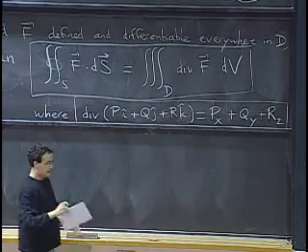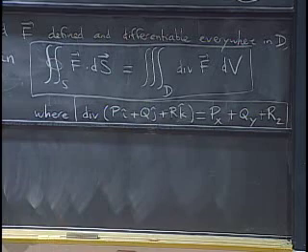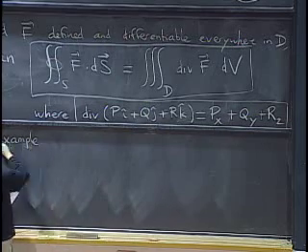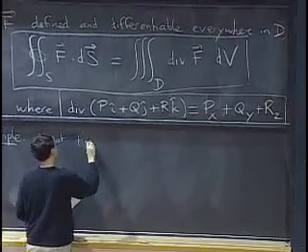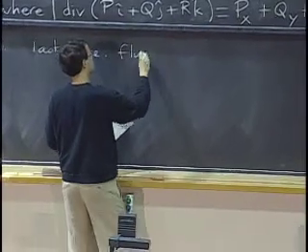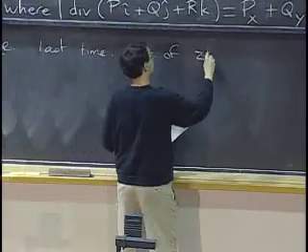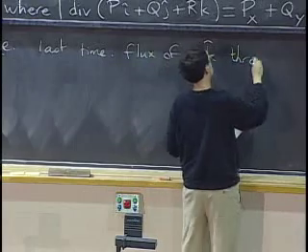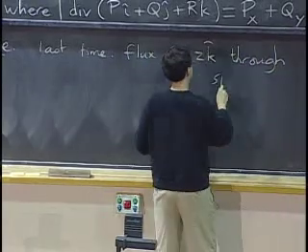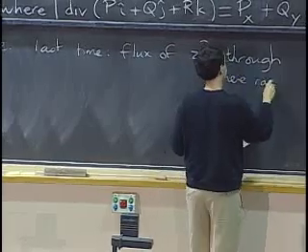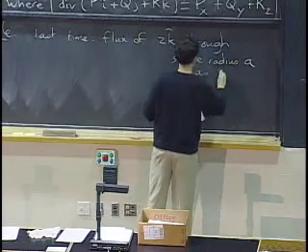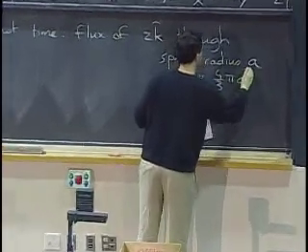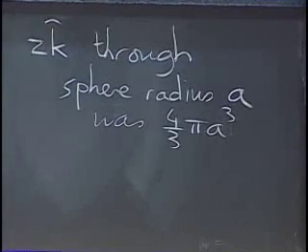Okay? So, for example, last time we saw that the flux of the vector field z k through a sphere of radius a was 4/3 pi a cubed by computing the surface integral.